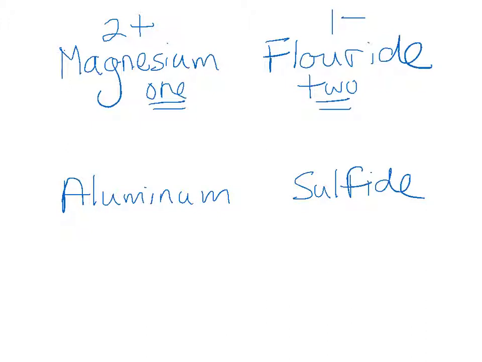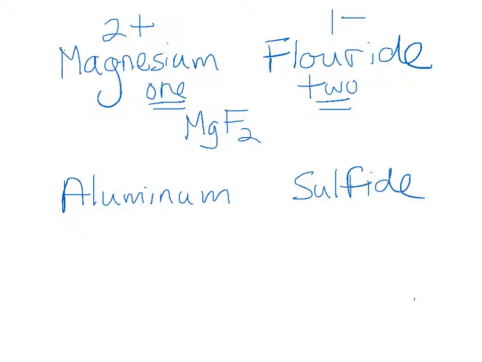And after that, I simply write my formula, knowing that I only need 1 magnesium and 2 fluoride ions. The charges end up canceling each other out, so they don't appear in the final formula. And there you have it.